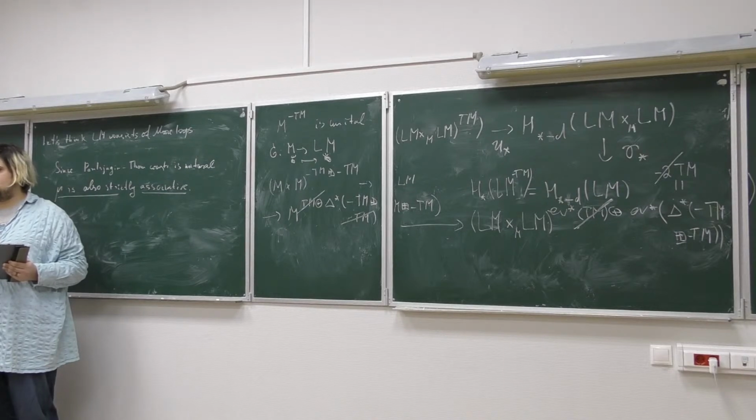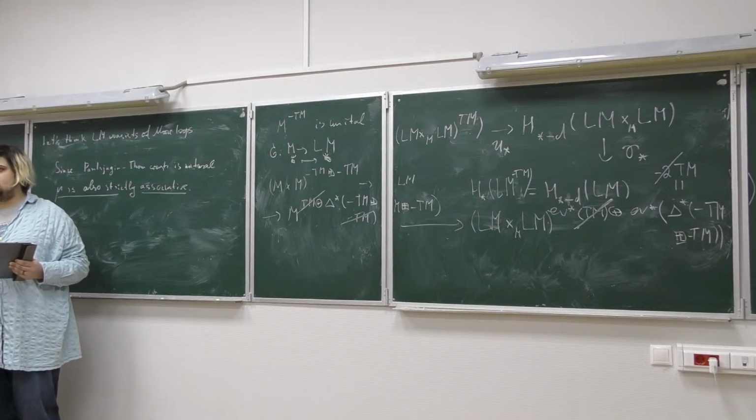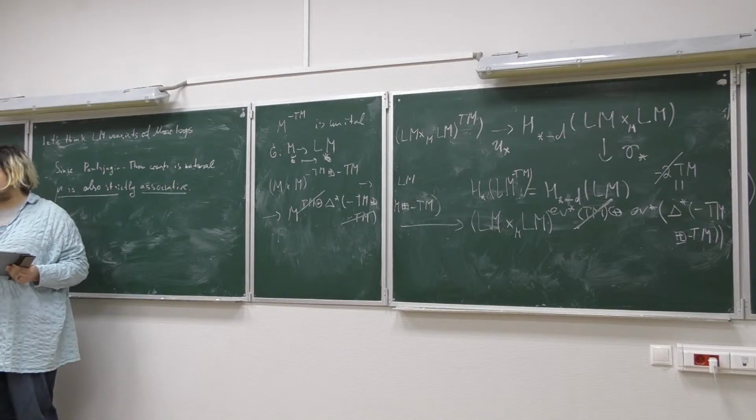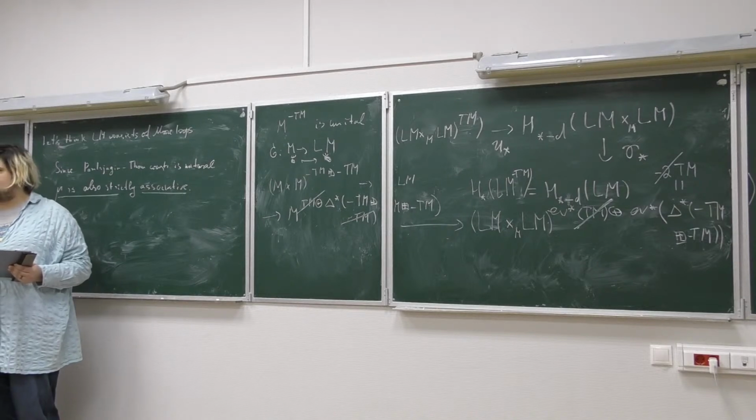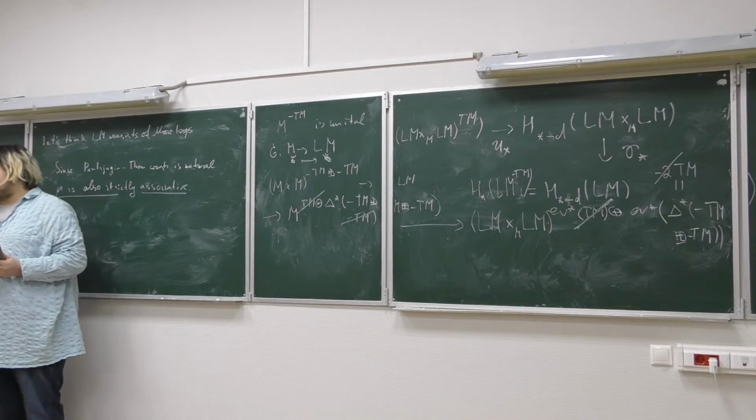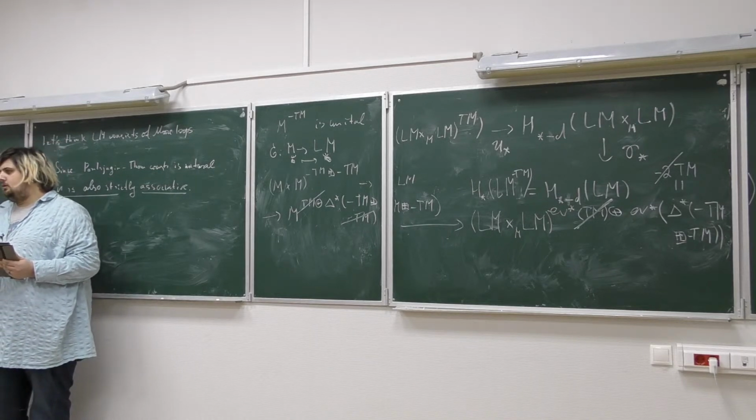I'm not sure. I don't know, if we take a wedge of two circles, then why should we get a commutative multiplication? If you take multiplication in the fundamental group, then we take multiplication as based loops. Yes, I understand.